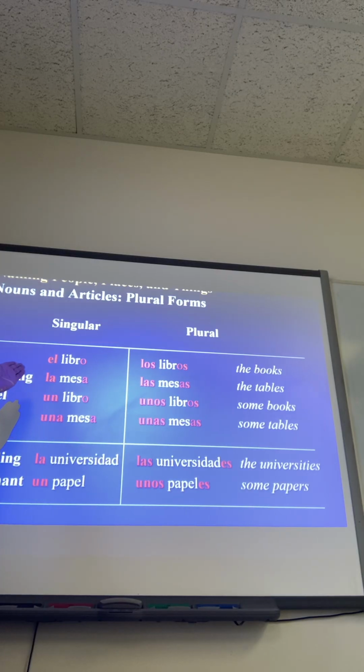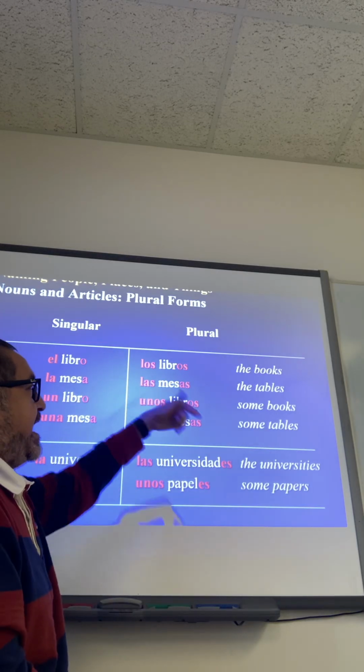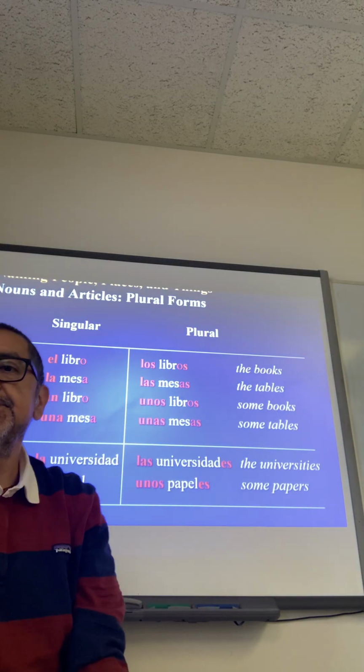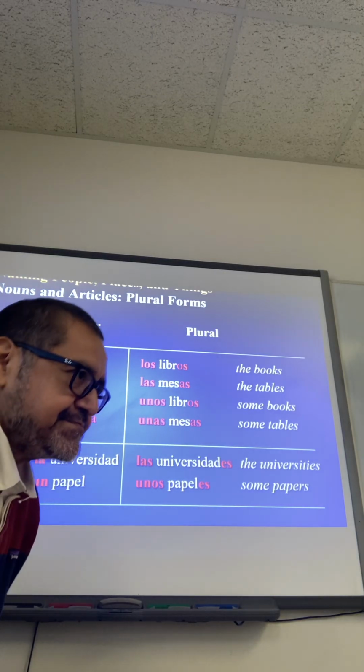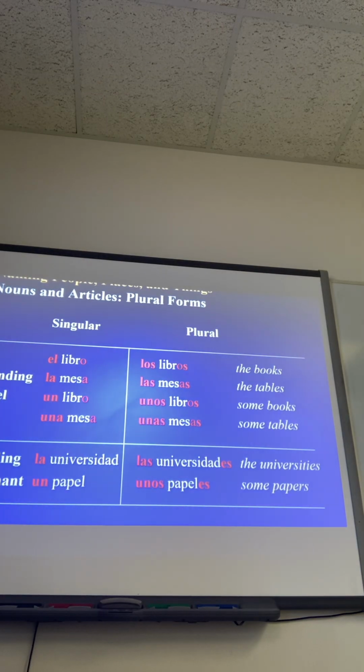If a word ends in a vowel, A-E-I-O-U, all you do is add the letter S. So libro becomes libros. Mesa becomes mesas. Pluma becomes plumas. Or bolígrafo becomes bolígrafos. If a word ends in a consonant, so not A-E-I-O-U, you add ES.